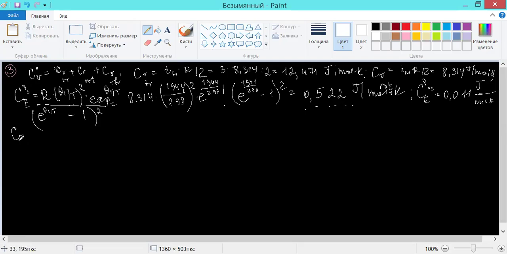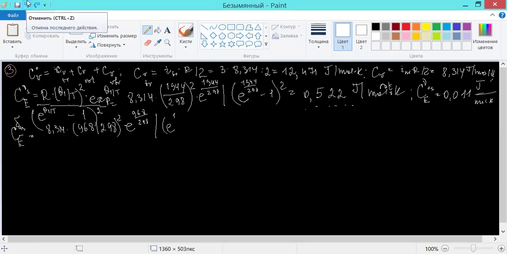And the last one, but not the least, as they say, is related to delta AS. So let me write down. 8.314 times 968 divided by 298 squared e raised to this degree, and divided by the squared difference.